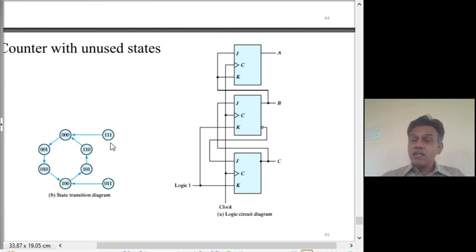So, these conditions may also occur. What is its implication? Which means accidentally if you go to 111, we will never go back to this original state diagram. We will be stuck in this state graph which is unconnected. From a graph theory point of view, we have two graphs which are unconnected. Once you go to this graph, you will not be able to come here, which means that you are stuck. It will always be in a wrong state where it is not supposed to go.